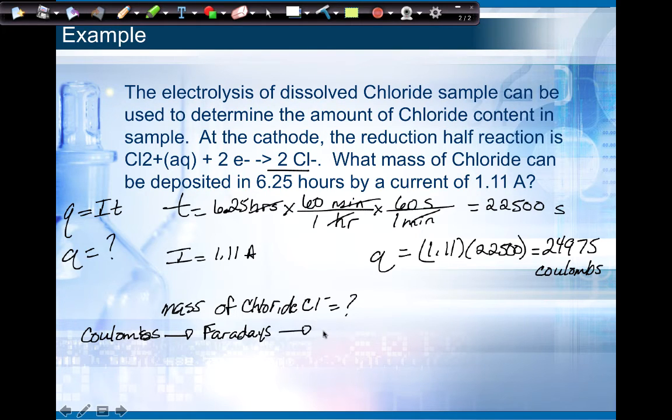Then I can go to moles of electrons. Once I'm in moles of electrons, I can go to moles of chloride. Then I can go to grams of chloride. So basically, it's this one equation and then lots of conversions. So we're going to start off with our number of coulombs.